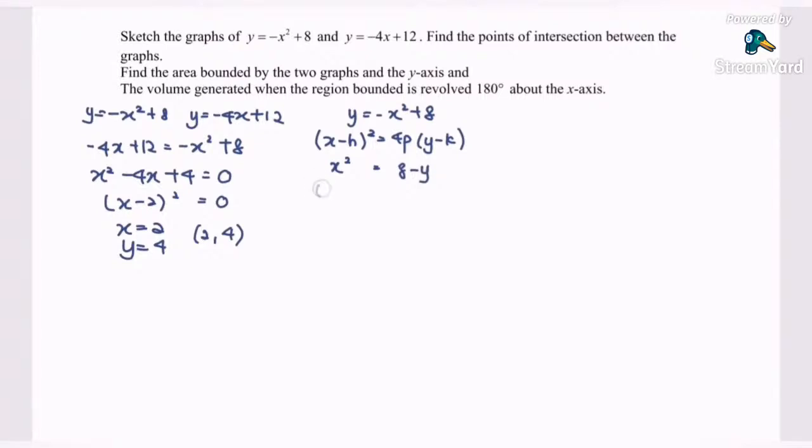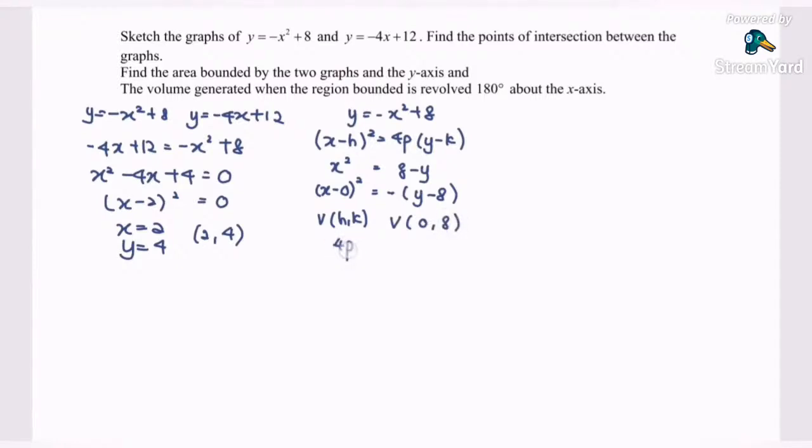So we will have (x minus 0) squared equals negative (y minus 8). So from here, we notice that we have vertex (h, k). So the vertex will be (0, 8).